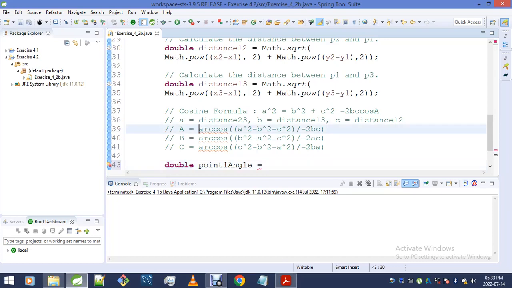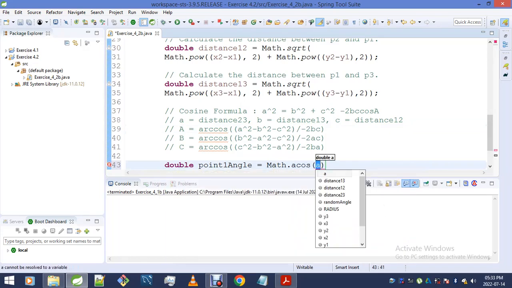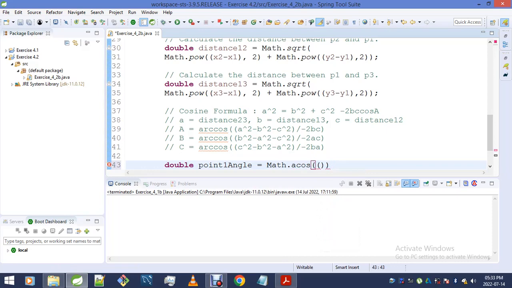Basically, I'm writing that equation, you guys, programmatically. So I'll go math.acos of this portion.